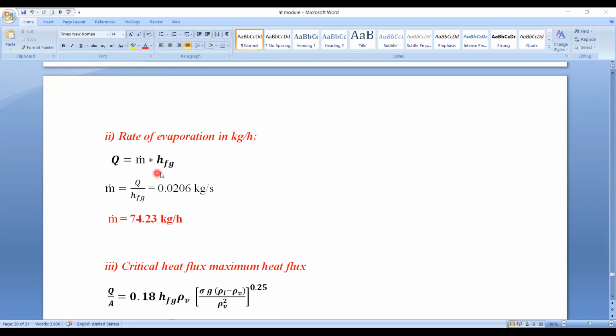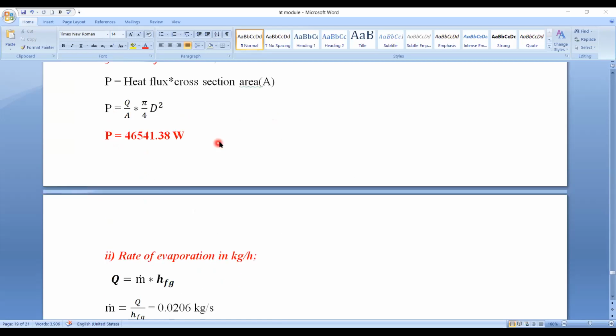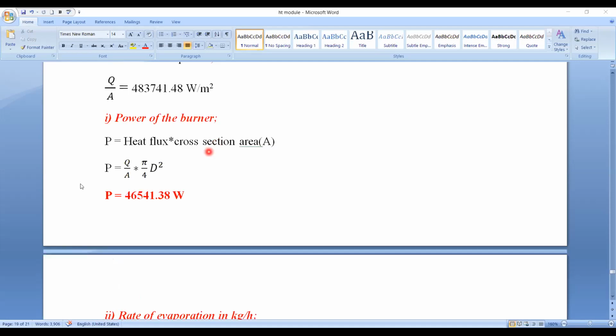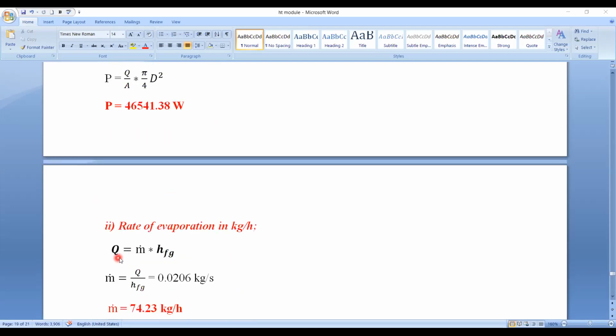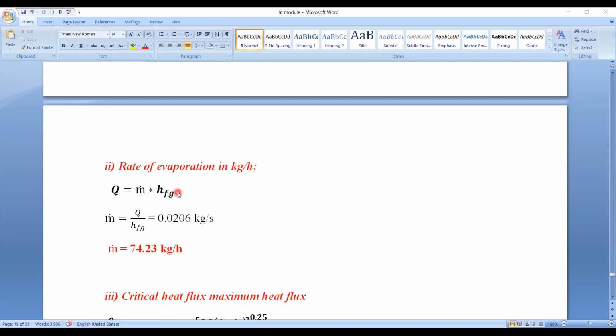You know the value of Q. This P is also nothing but Q only, because you have already multiplied Q by A with area, so A gets cancelled and you get Q only. As it is in terms of watts, it is considered as the power. So Q equals m dot into hfg.